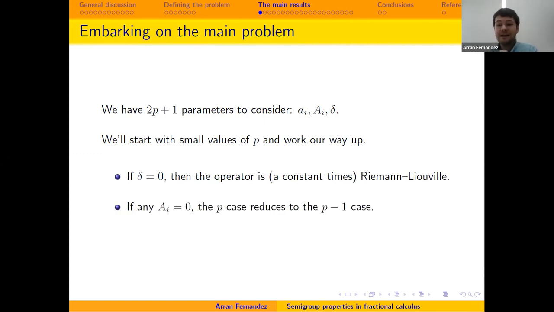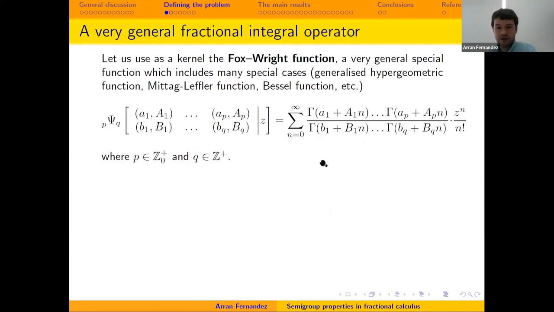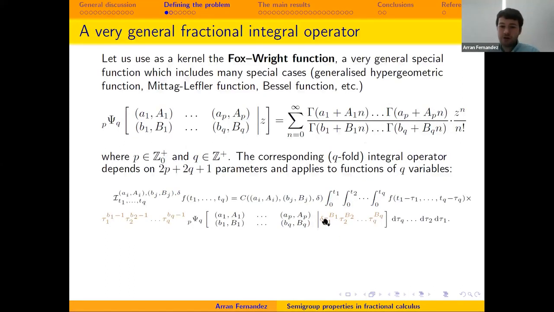If any big A equals 0, then I call this a reductive case. Let's go back to the Fox-Wright function here. If you put delta equals 0, then the series just reduces to one term, one power function, which is Riemann-Liouville. If a big A equals 0, then one of the corresponding terms on the top is just gamma of little a, which is a constant.